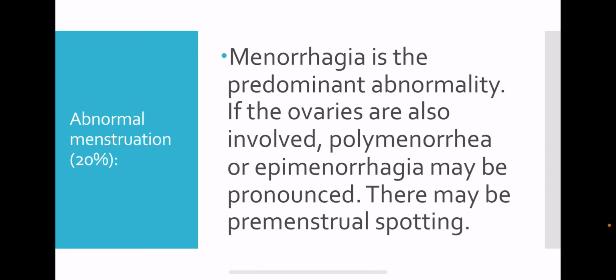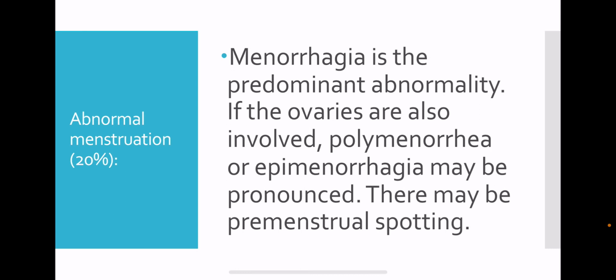Abnormal menstruation in 20% of cases. Menorrhagia, that is excessive menstruation, more than 80 ml or more than 7 days, is the predominant abnormality. If the ovaries are also involved, polymenorrhea or epimenorrhea may be pronounced.